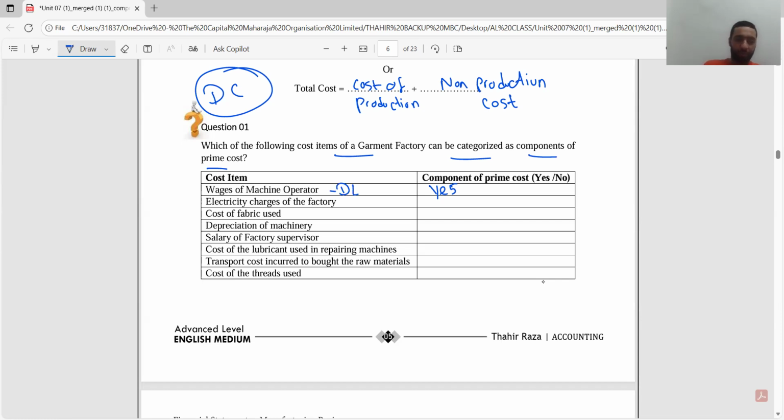Electricity charges of the factory. Is this direct or indirect? Ziana is saying no, it is not a part of prime cost. Ashini is saying it is a part of prime cost.